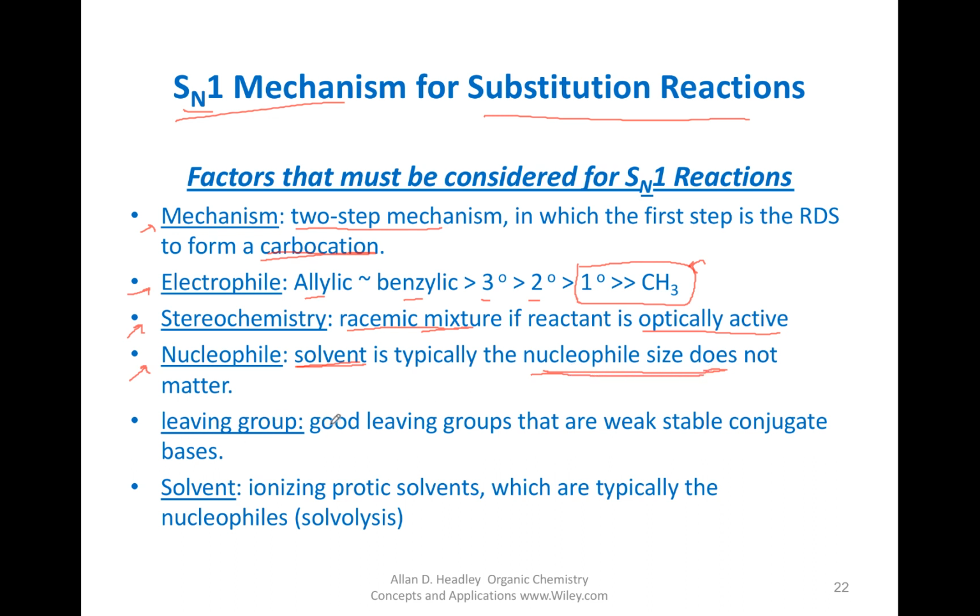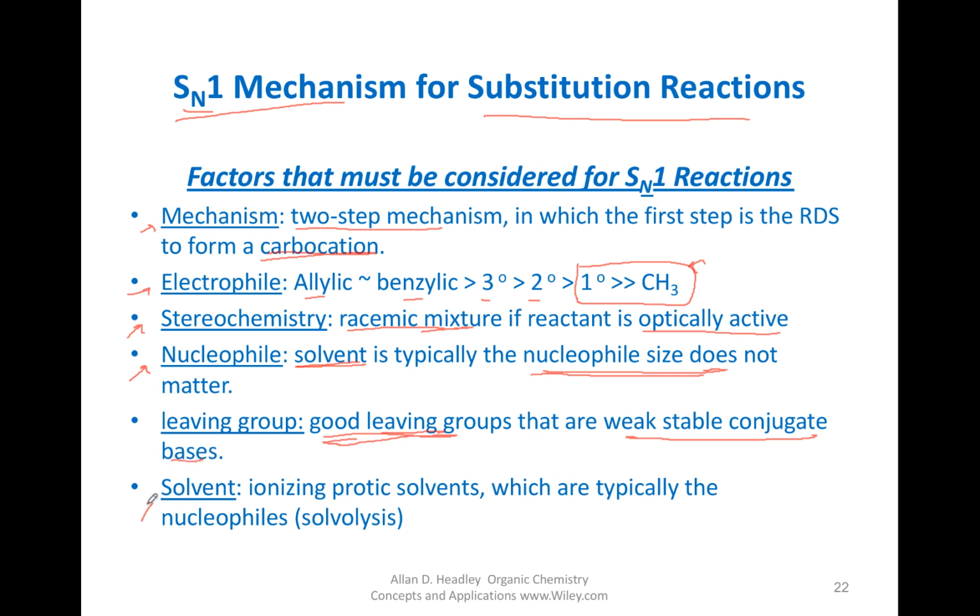Leaving group. Need an exceptionally good leaving group. Why? Because in the first step, the electrophile generates the carbocation. Remember that good leaving groups are weak, stable conjugate bases.